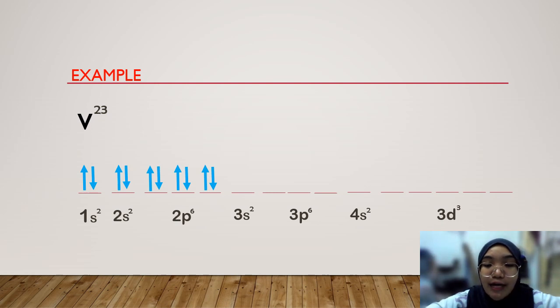Okay, we move to 3s2, which has 2 electrons only, and 3p6 is the same as 2p6, known as degenerate orbitals. And 4s2 has 2 electrons only.